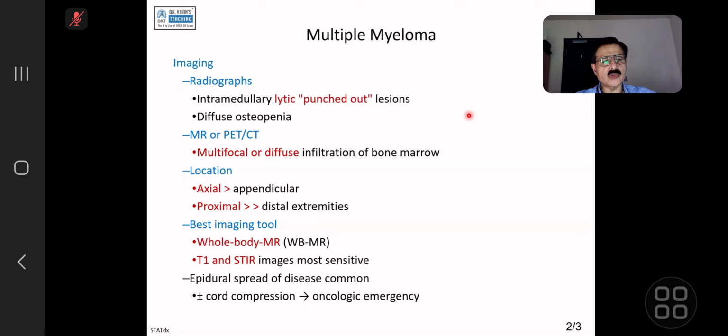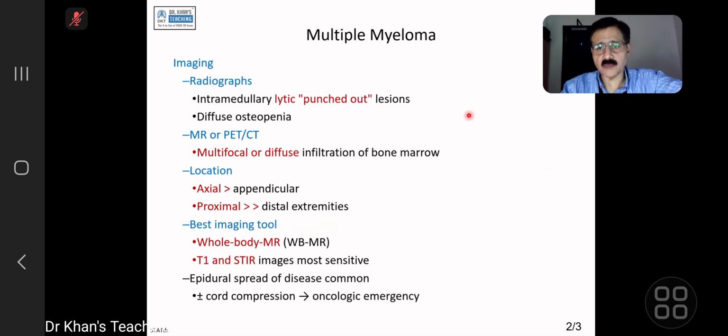And it all depends where you are working and what kind of facilities your department has. But bone scan, this is what they are going to check in the exam. You should not ask for bone scan in multiple myeloma. So classically, they are lytic punched out lesions.